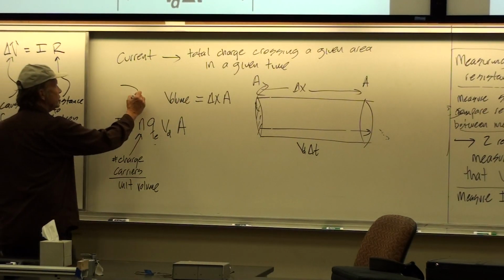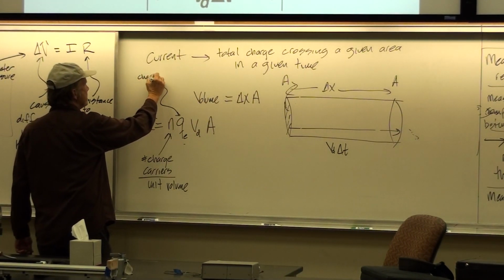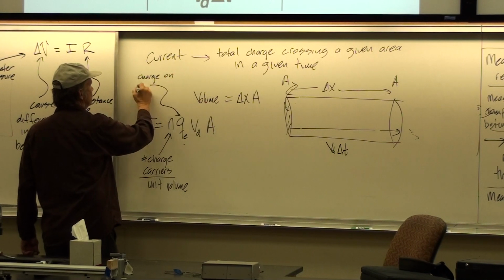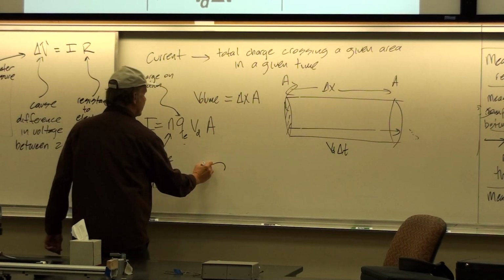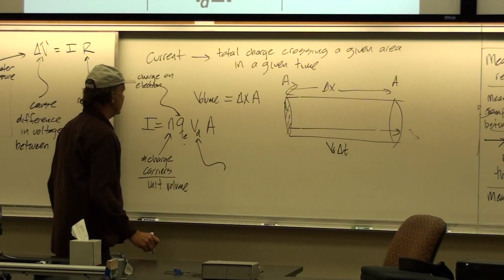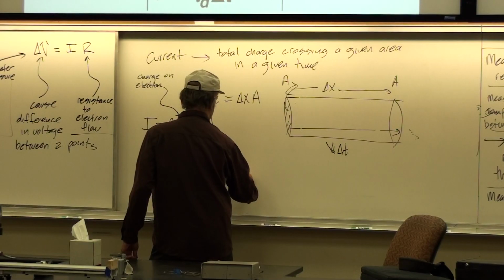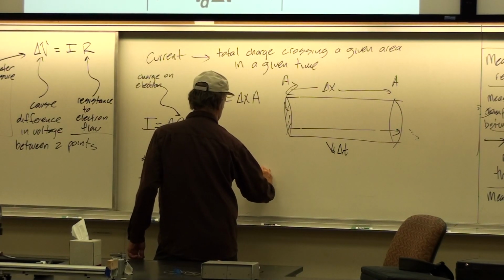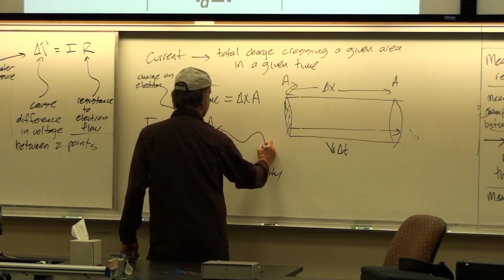This is the charge on each charge carrier, which is an electron. This we saw before is the average velocity of the electrons, the drift velocity. This is the cross-sectional area.